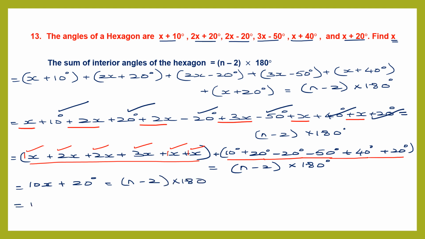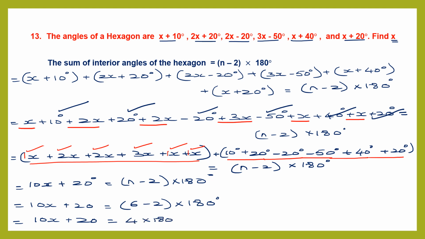Now, this is 10x plus 20 and n we know is a hexagon. So, this is 6 minus 2 into 180 degrees. So this is 10x plus 20 is equal to 4 into 180 degrees. Let me continue this here.